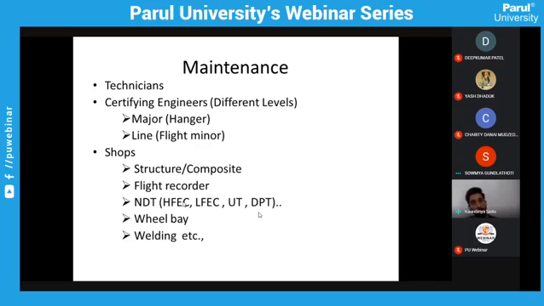First, there are many persons who work in maintenance, but the two main categories which we consider important are engineers and technicians. Engineers are the persons who have the certifying authority, which means they can say that this aircraft can fly well, or this part of the aircraft is in working condition.